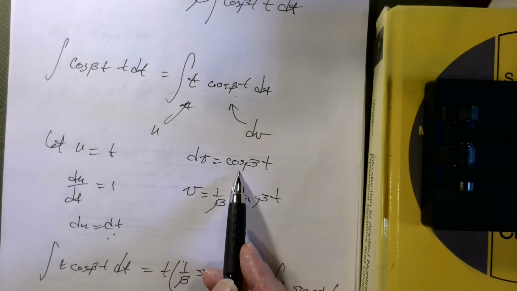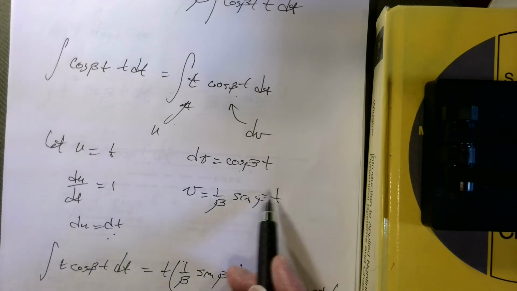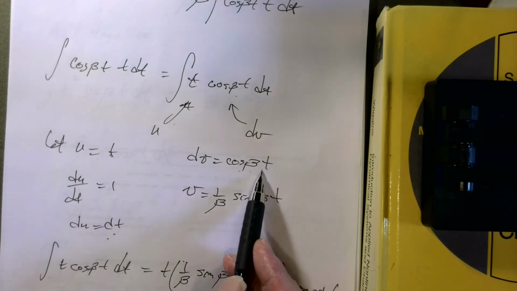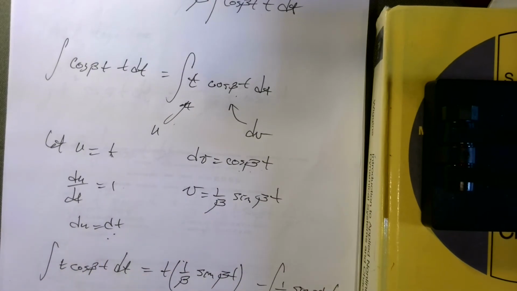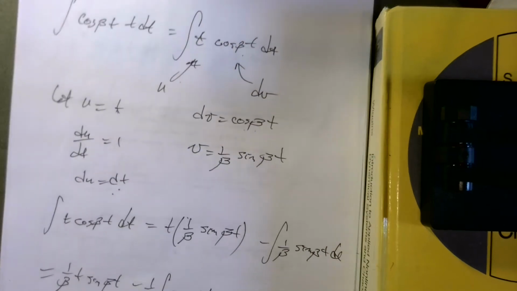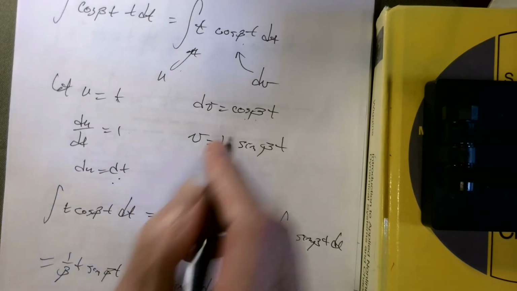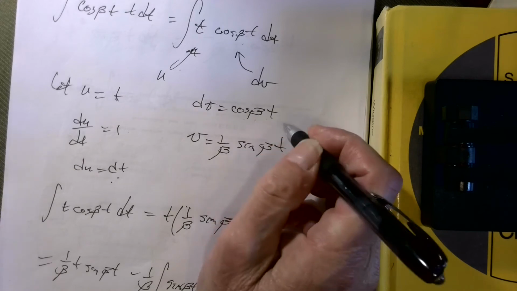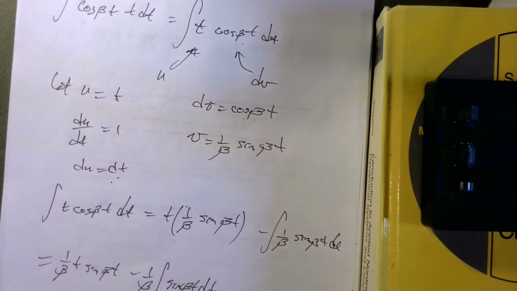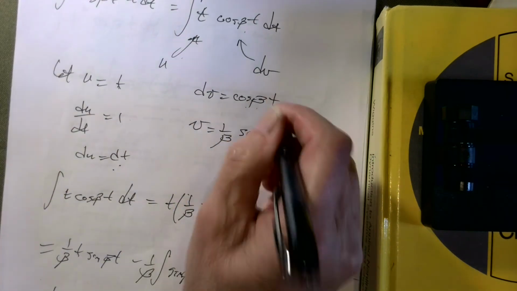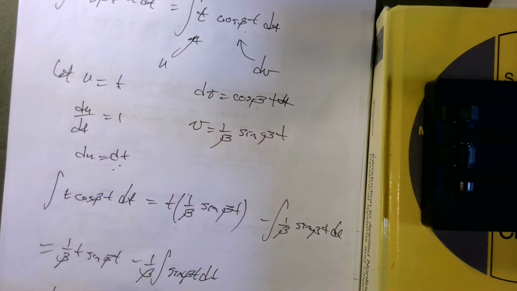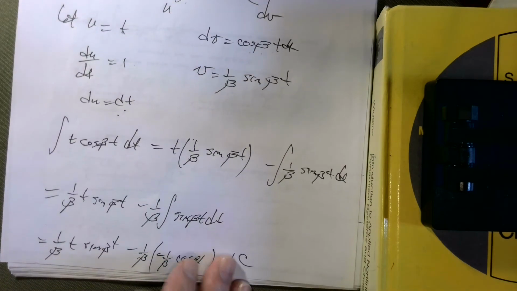Can I integrate the cosine? Yes, you're going to get the sine, but remember you need that extra beta there, dt. And we do integration by parts.